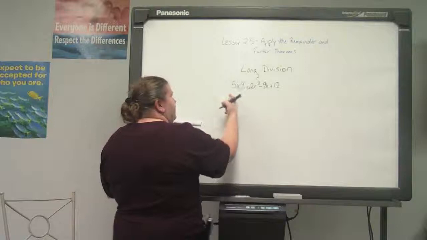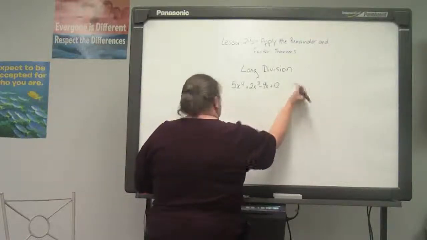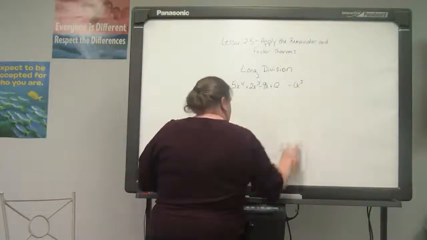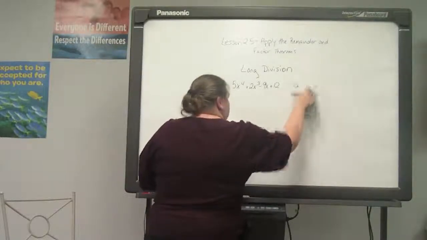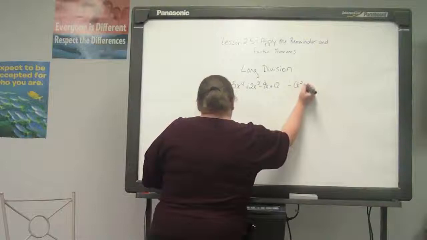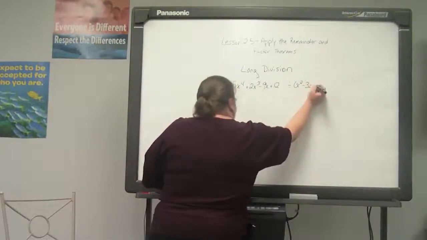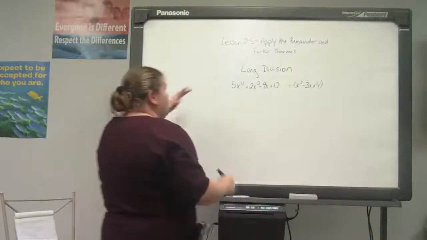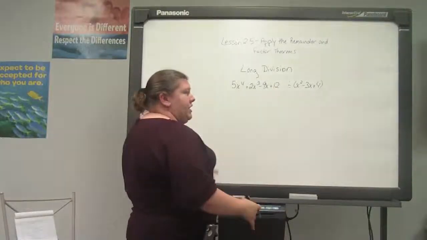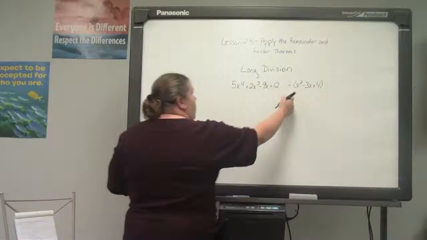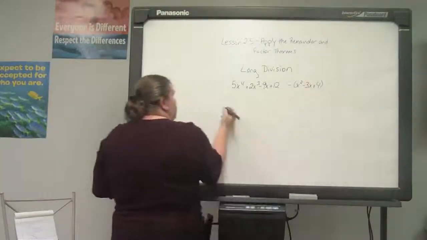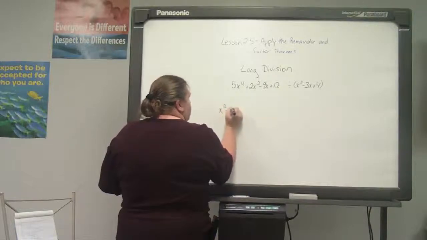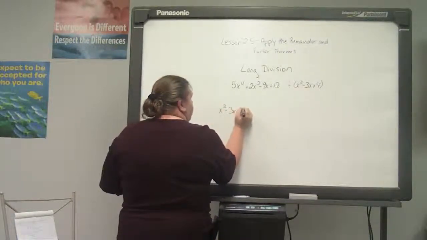And then they wanted us to divide this by x squared minus 3x plus 4. Because we're doing long division, we're going to write it in the form of a long division. So what comes after the division sign goes on the outside. So we have x squared minus 3x plus 4.